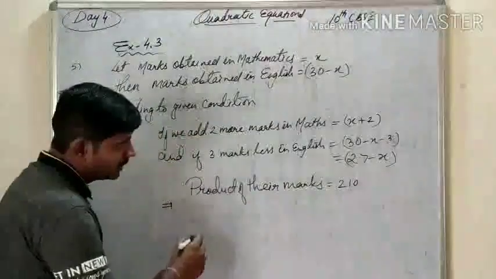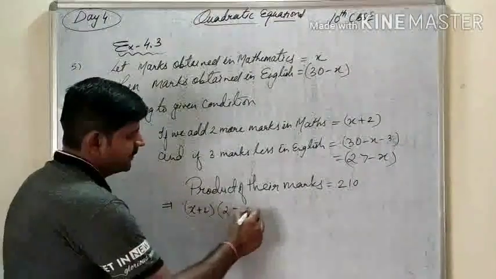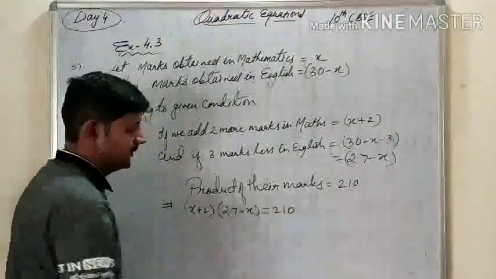So that is (x plus 2) times (27 minus x) equals 210.